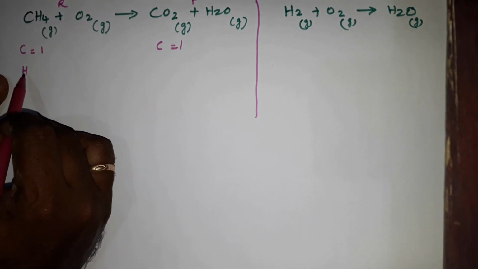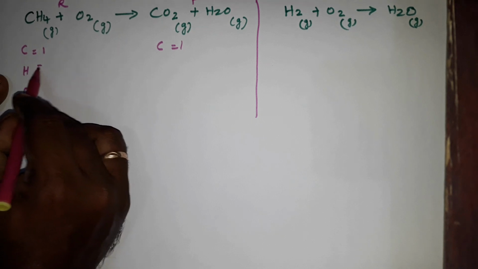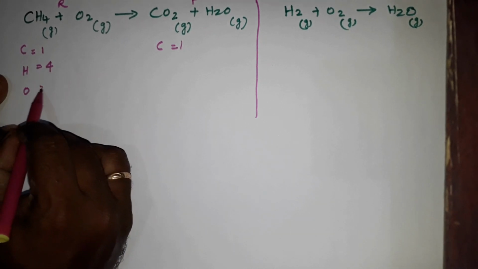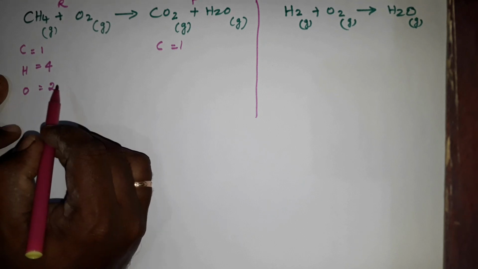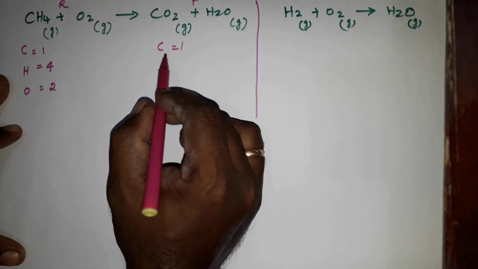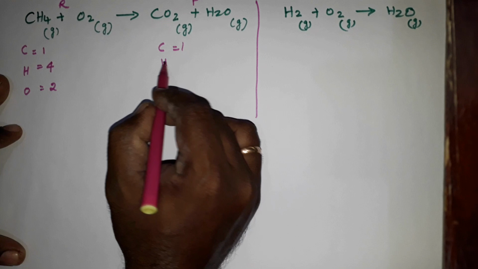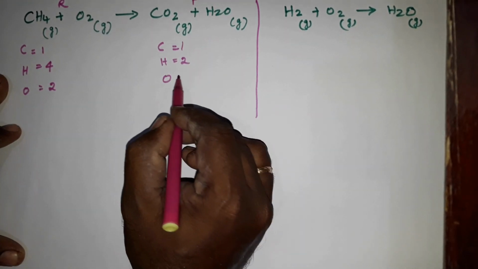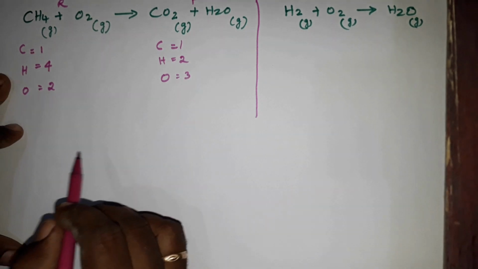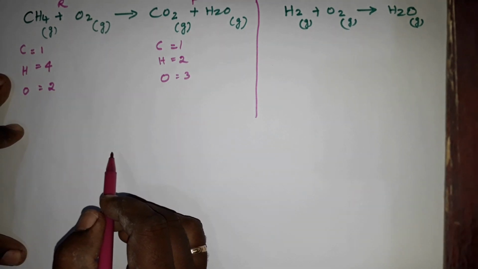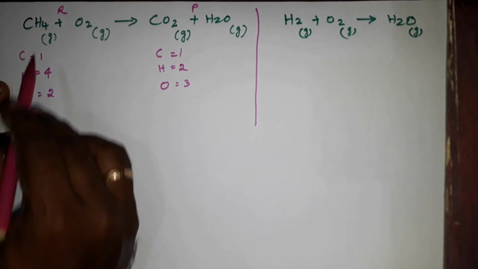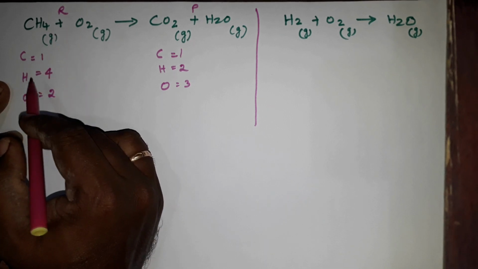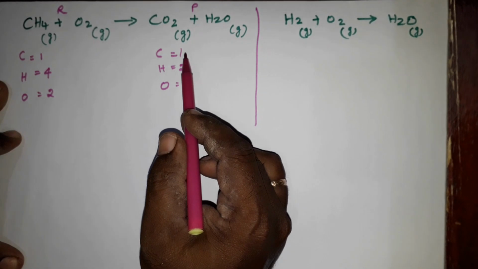Carbon is 1, hydrogen is 4, oxygen there are 2. Here you check this side: carbon 1, hydrogen 2, oxygen 3 atoms. Clear? So the same elements are present on both sides.